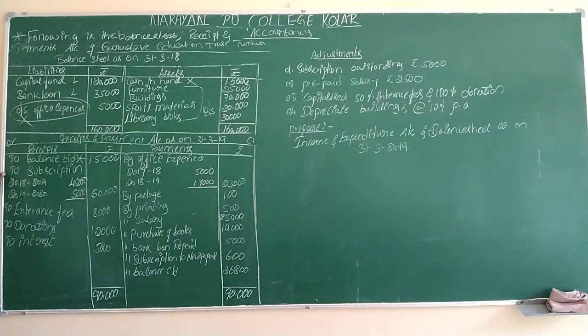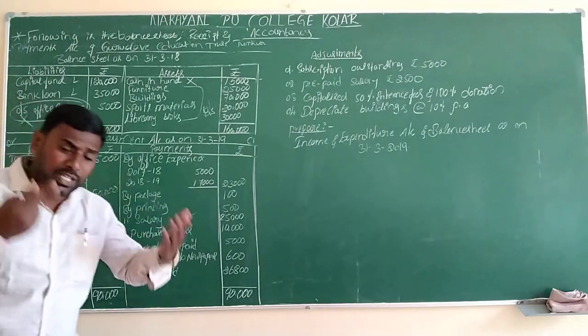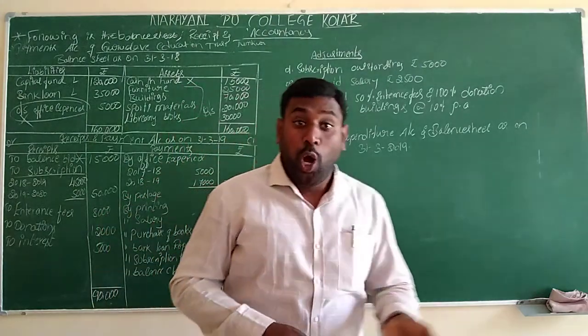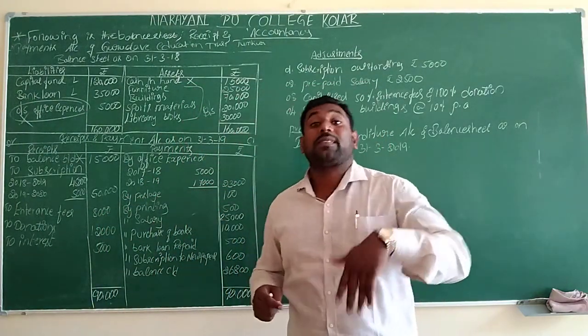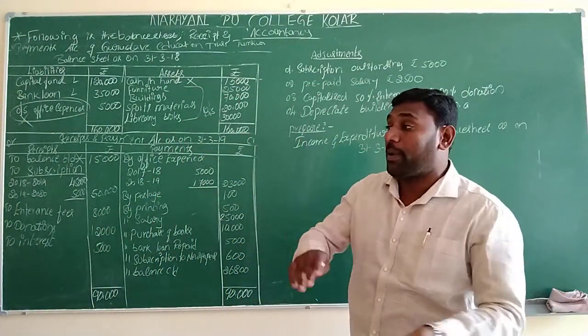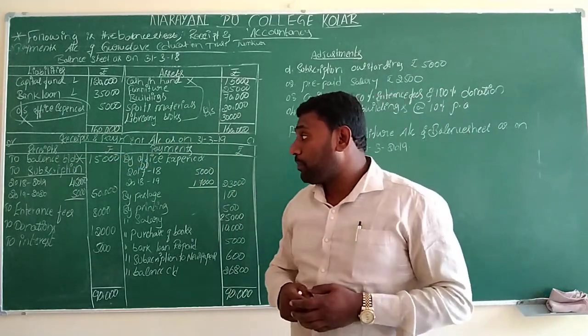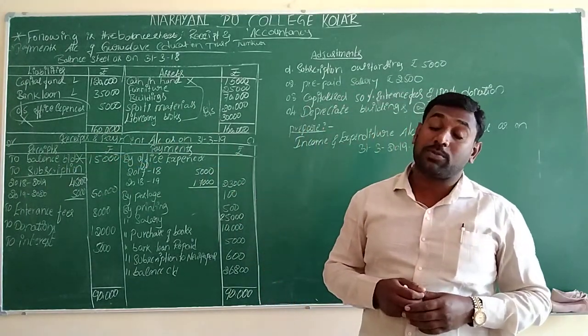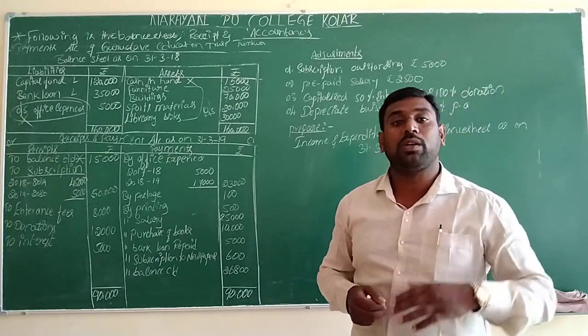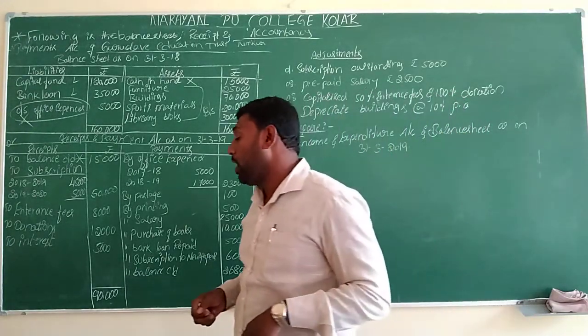Second point, subscription. Subscription is income. Who is going to give the income? The subscribers. Who is the subscriber? The members of the NPO are called subscribers. So subscription means the amount received from the subscribers or members of the NPO.